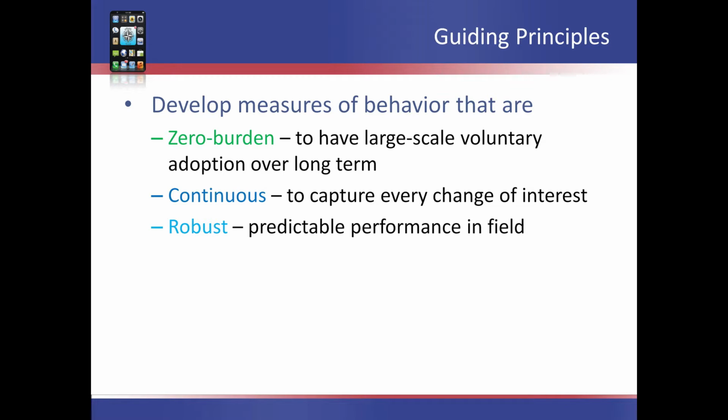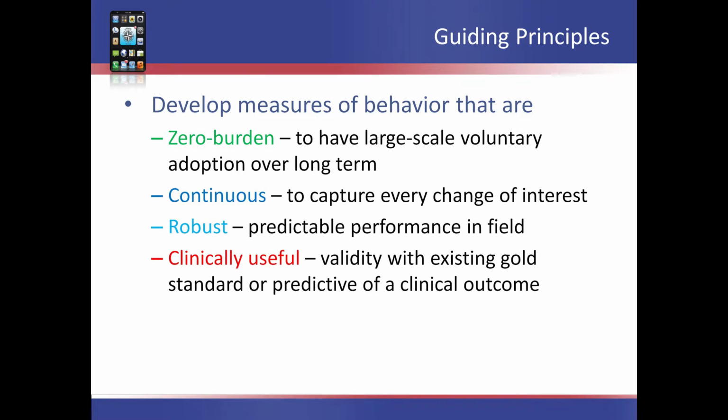Third question, since this is going to be a mobile assessment in the natural environment, it must be robust, which means that when people wear it in a free-living natural environment, then we should get predictable performance out of this that is able to tolerate all the noises and confounders.